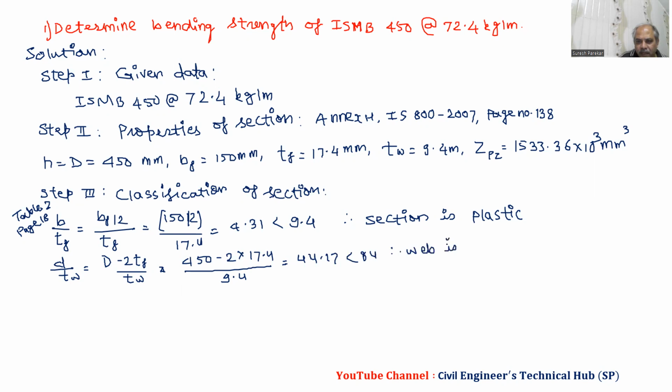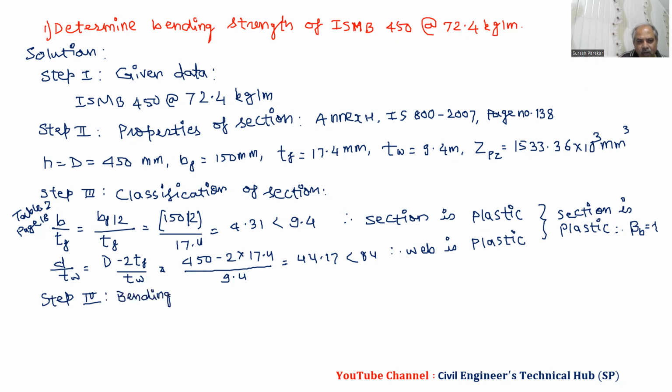Therefore, web is plastic. And as both are plastic, so we have section is plastic. And therefore, beta B is equal to 1. Now we have step 4, bending strength.